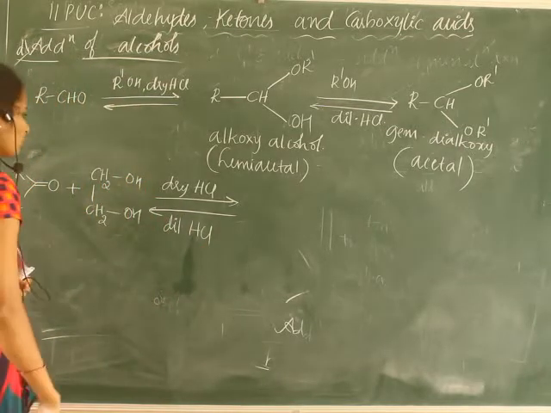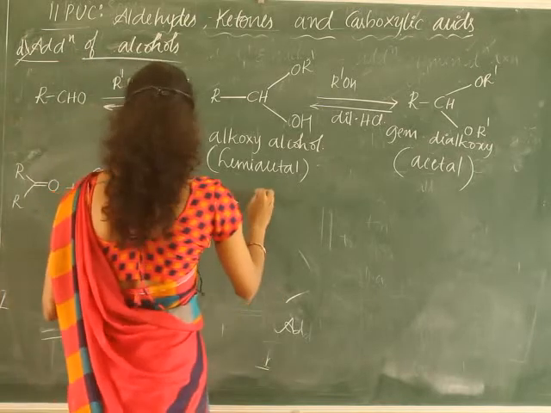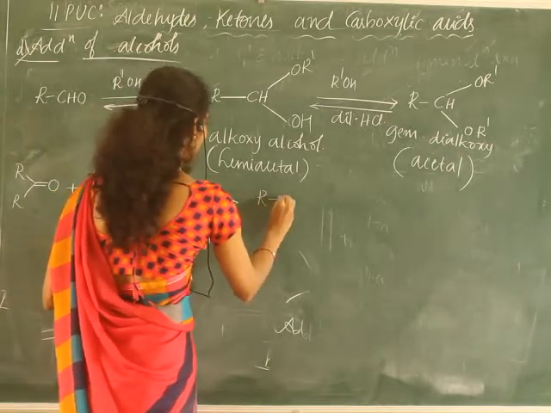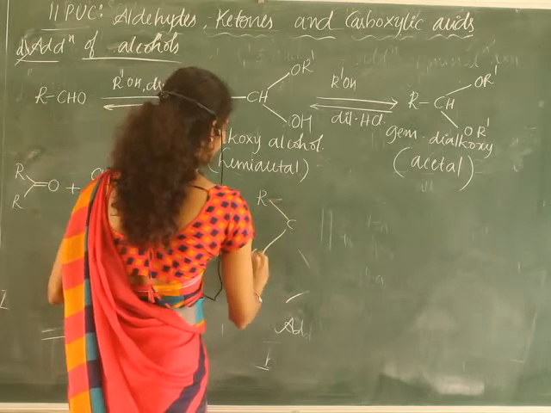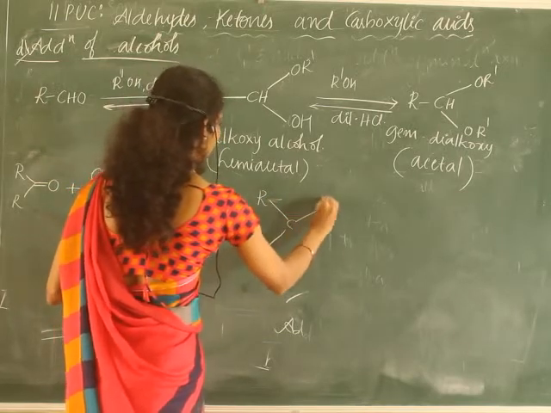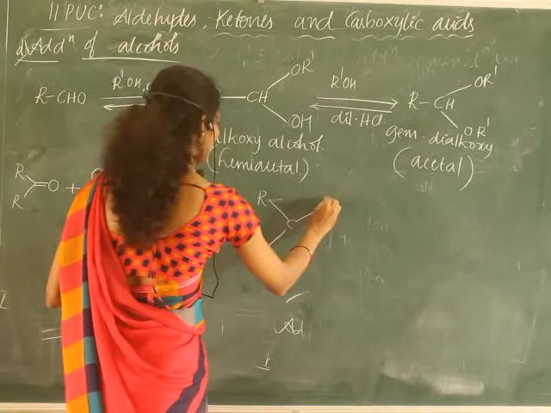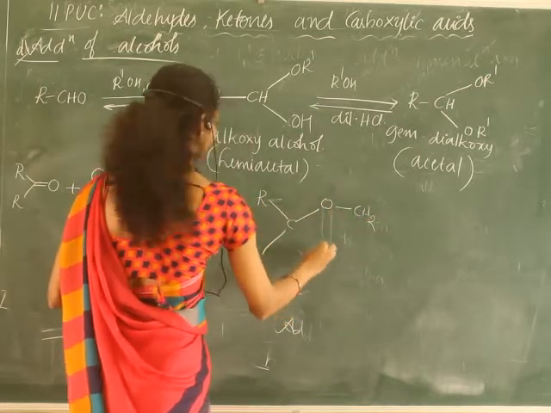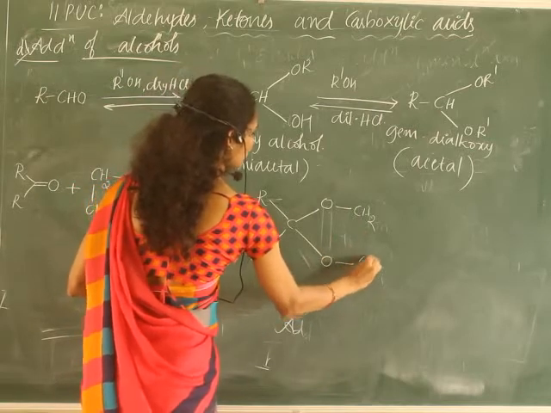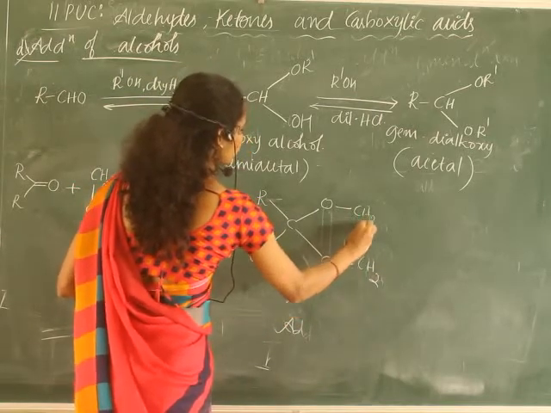It results in the formation of a cyclic product, that is R as it is, and here C, O and CH2 3 4.